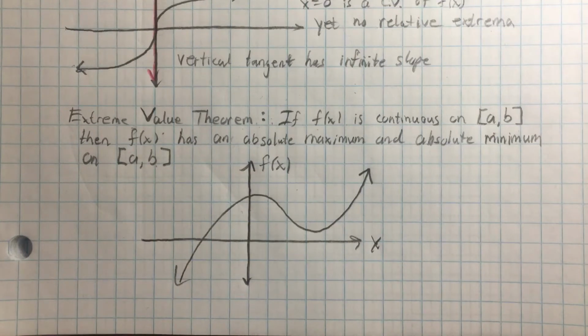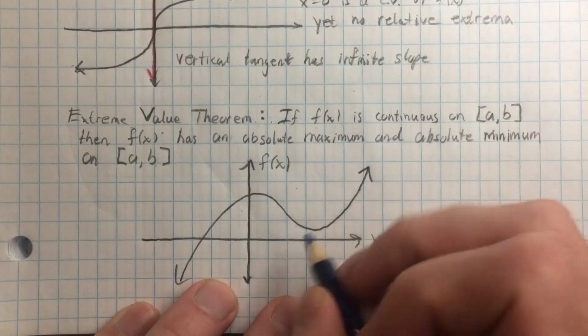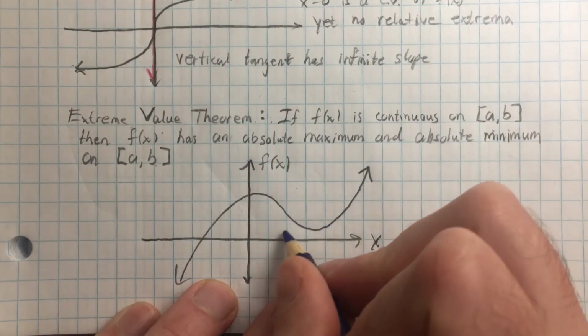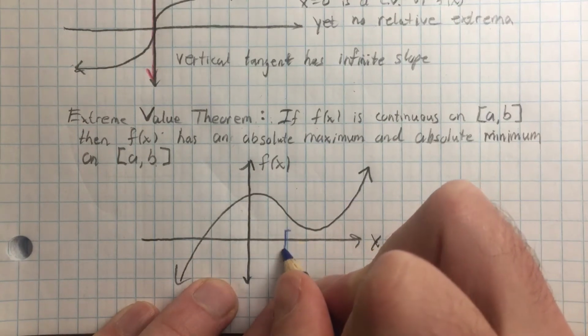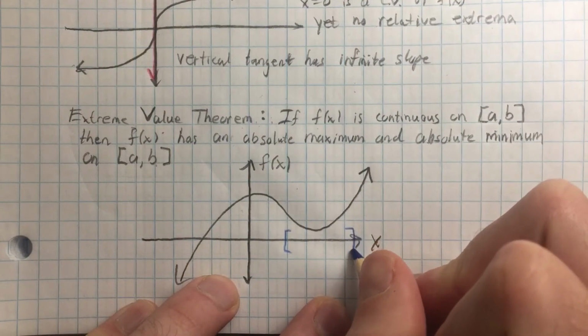And now if I take any closed interval, so I've been drawing open intervals when we're talking about the relative extrema, because that's their definition, defined over open intervals. Now you have closed intervals, so this changes the game entirely. So let's just draw something here, and something further over here, something like that.